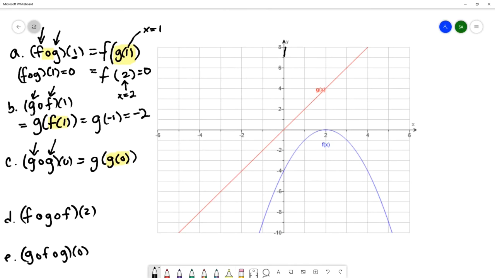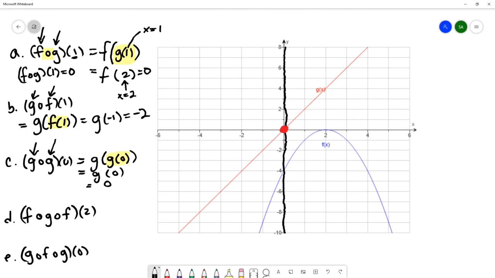This vertical line is all of the ordered pairs that have an x-coordinate of 0. I'm interested where that vertical line crosses the graph of g, and that's right here. And that is a y value of 0. So g of 0 is 0. And we have g of 0 again, that will also be 0.